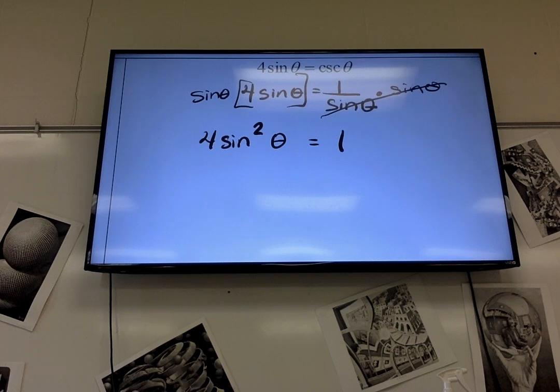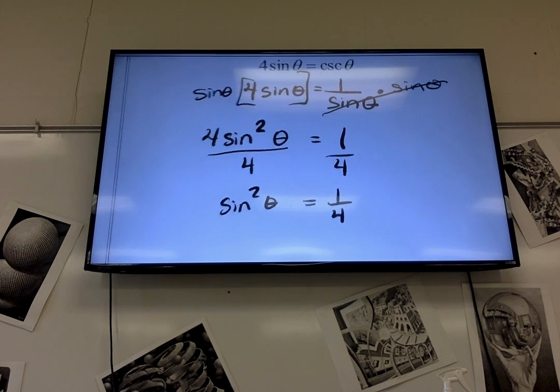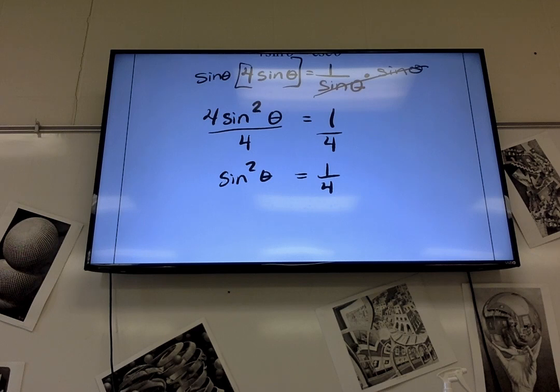Then what? Divide by 4. How do you get rid of the square? Take the square root. Don't forget to put plus or minus. The square root of 1 is 1, and the square root of 4 is 2.